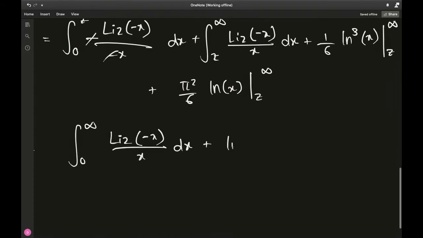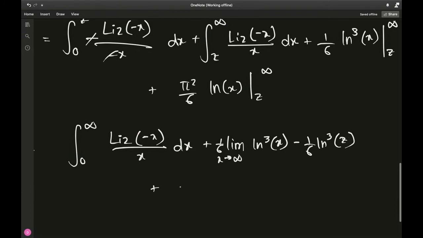So for the infinity case, we'll have a limit as x goes to infinity of 1/6 natural log cubed of x minus 1/6 natural log cubed of z, and a similar thing for this pi squared over 6.